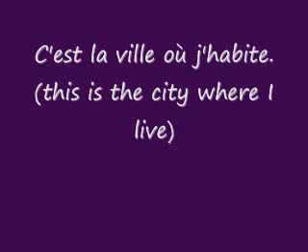And you have the antécédent ville here, which simply evokes the notion of place, the city. And you will use où, where, just as you will do in English. Now let's see how to use où in a different context.